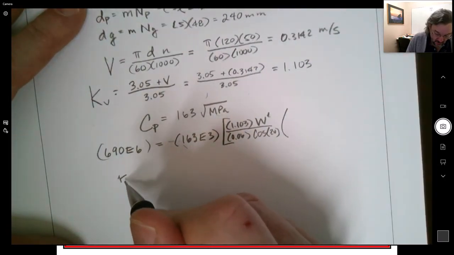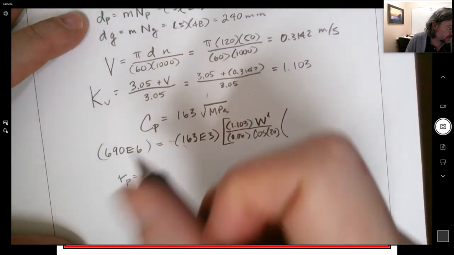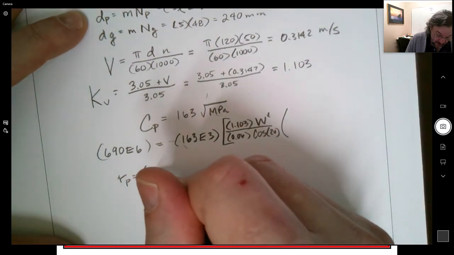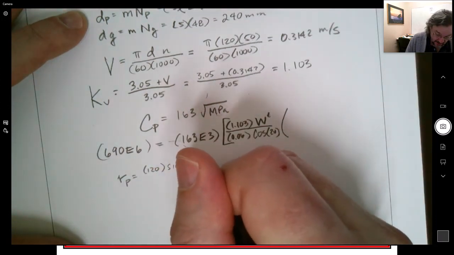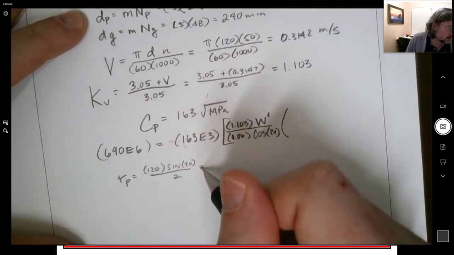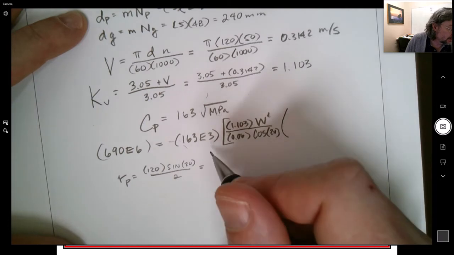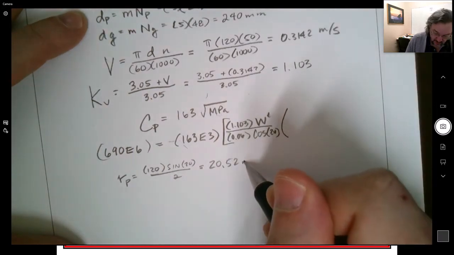So the Rp of this is going to be 120 times the sine of 20, divided by 2, which ends up being 20.52 millimeters.